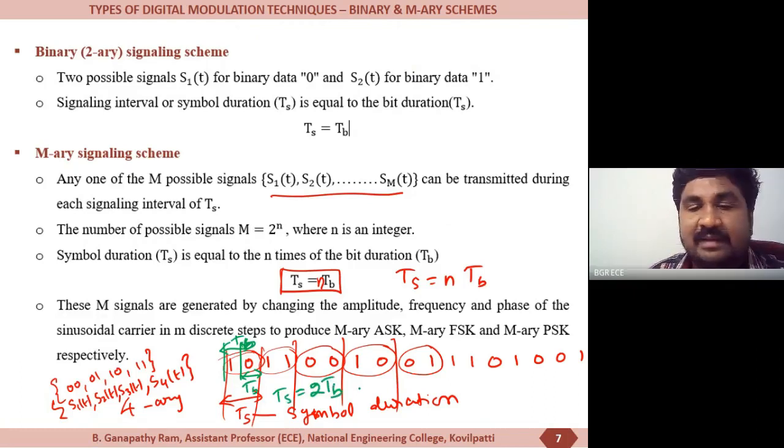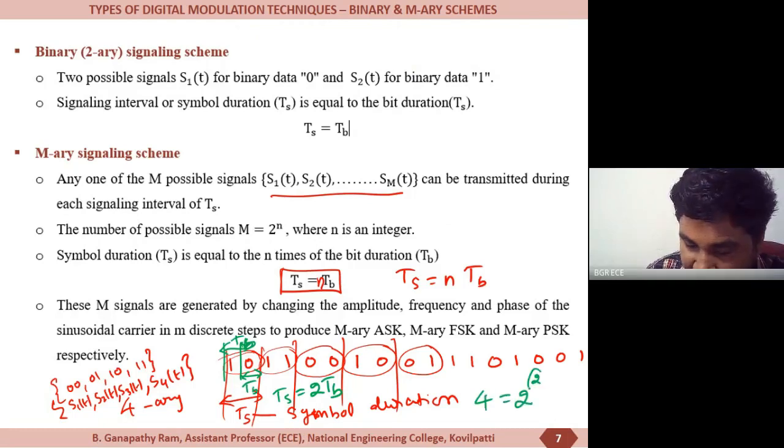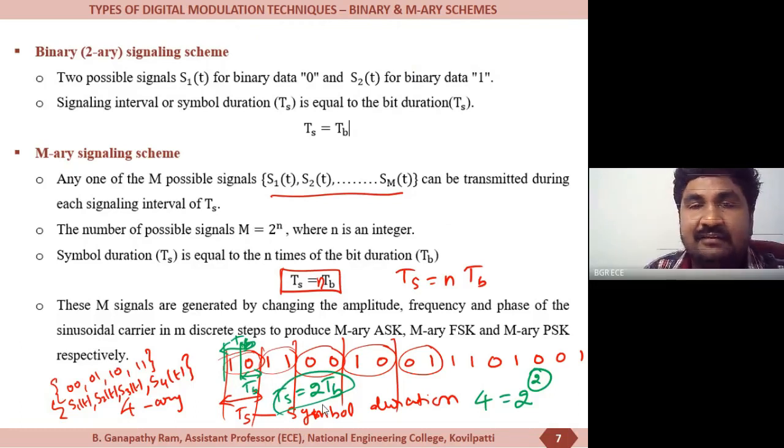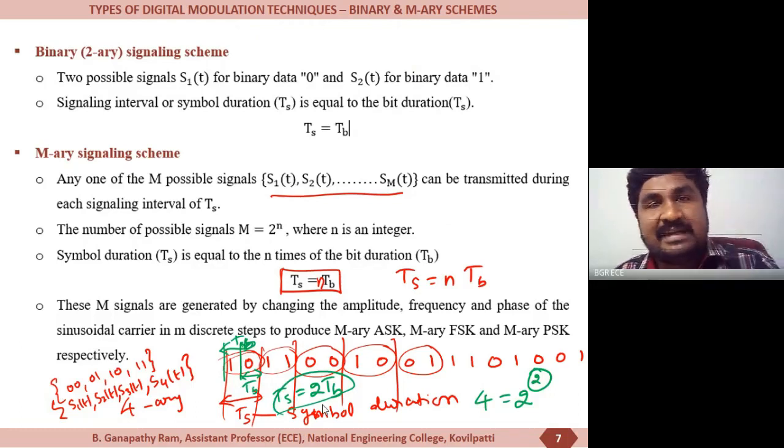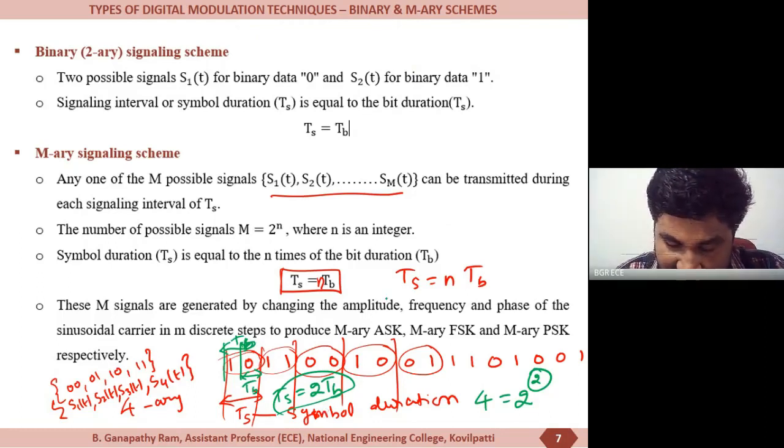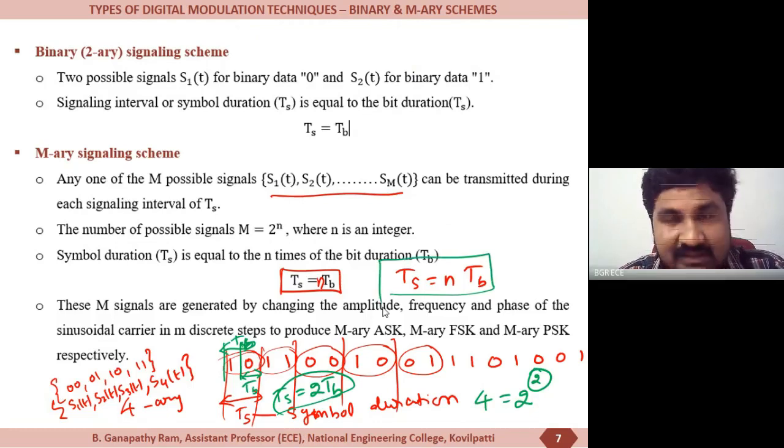So Ts can be represented as 2 Tb. Hence 4 can be represented as 2 to the power of 2. For an M-array signal, where each symbol is represented by N bits, the symbol duration is written as Ts equal to N into Tb.